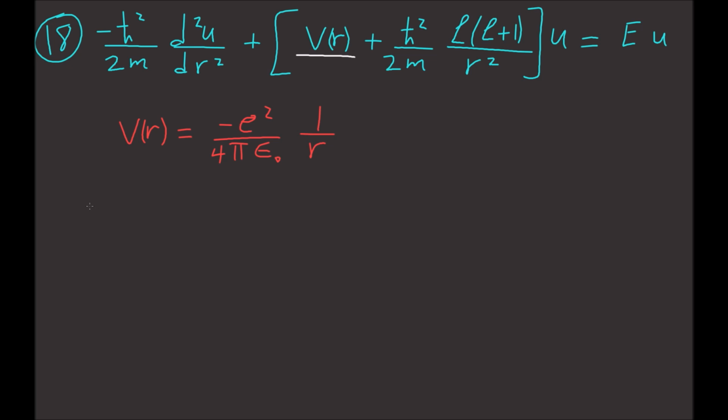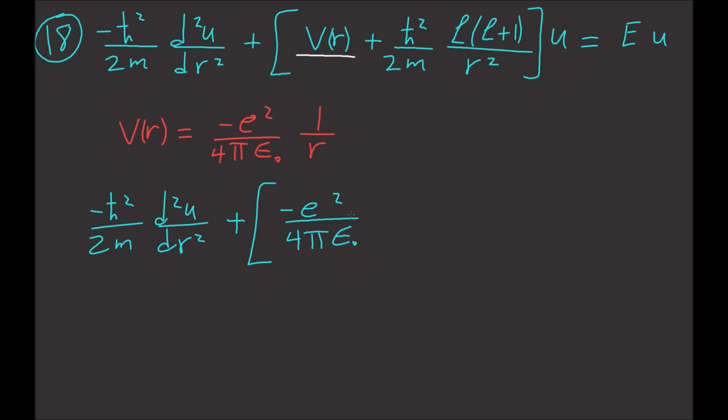So now we have minus h bar squared divided by 2m times the second derivative of u with respect to r, plus our potential function, which is minus e squared divided by 4 pi epsilon naught, this is just a constant, times 1 divided by r, plus h bar squared divided by 2m times L times L plus 1 divided by r squared.